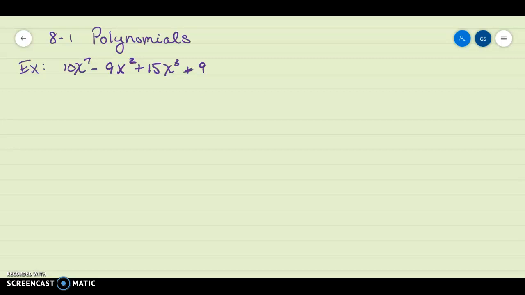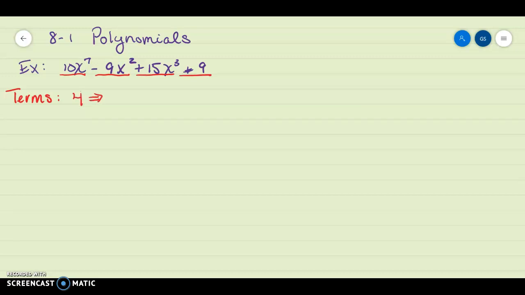This is a polynomial. So what do I mean by that? Well, a polynomial is made up of terms. We have 1, 2, 3, 4 terms. A polynomial is just an expression made up of terms. That's it.